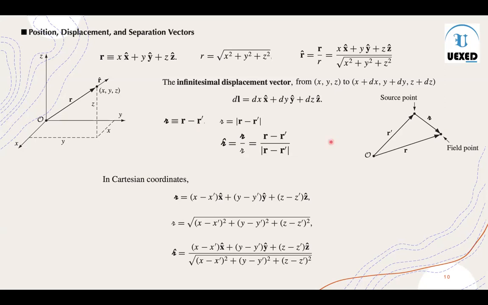Let's suppose you have the same axes, and that's why I drew them here. Let's suppose you have some source point here, which you want to define with respect to some field point. The position vector of the field point with respect to the origin is, let's suppose, r vector, and from the origin itself, the source point is r prime.